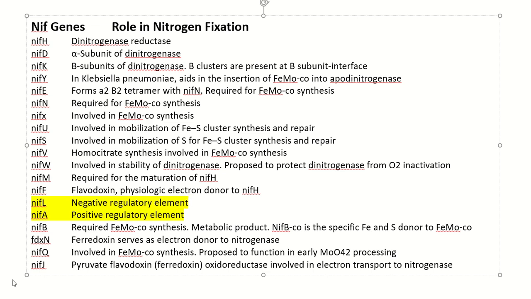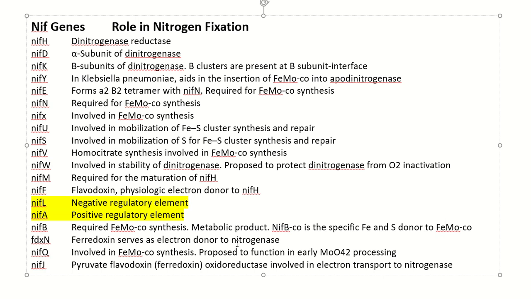Okay. NifB is the metabolic product. NifB-co is a specific Fe and S donor to FeMo-co. So ferredoxin serves as a what? Electron donor to nitrogenase. So in short, you can write FdxN.